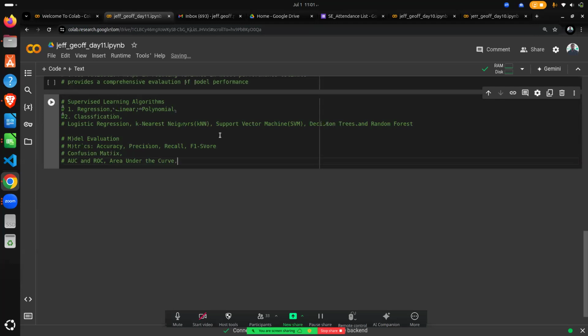What is ROC? ROC is the receiver operating characteristic curve.